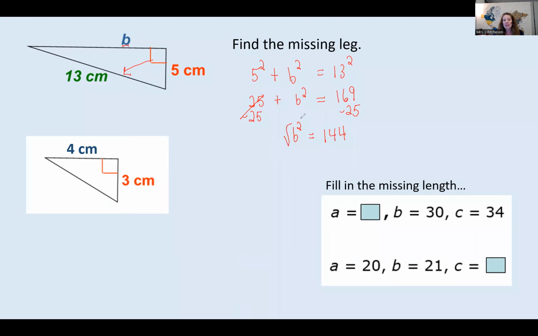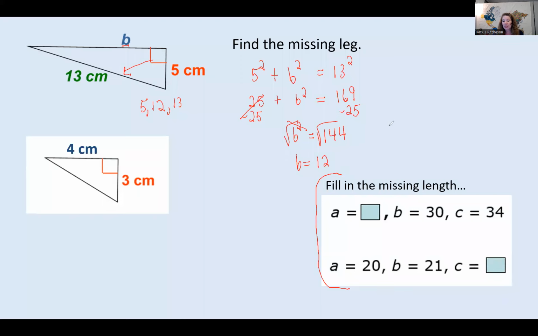So to find B, we've got to take the square root of both sides. The square root of B squared is B, and the square root of 144 is 12. So when we found our missing leg, we know that this B is equal to 12. So this is a 5, 12, 13 right triangle.